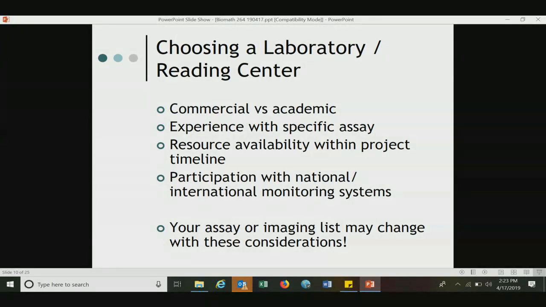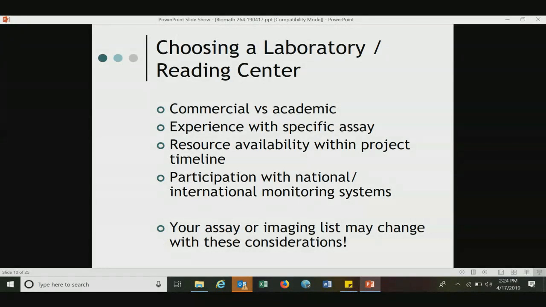Doesn't mean that you can't use somebody that doesn't have that experience, but you want them to not practice on your samples. So if they say, we haven't ever done it before, then you say, okay, let's get some pilot stuff before I spend $400,000 on this assay with you. Then you need to find out, can they do it in the timeline that you need it done, right?